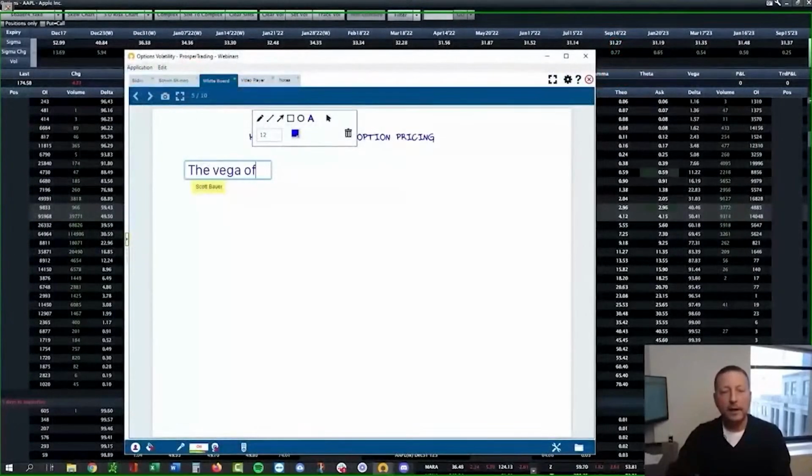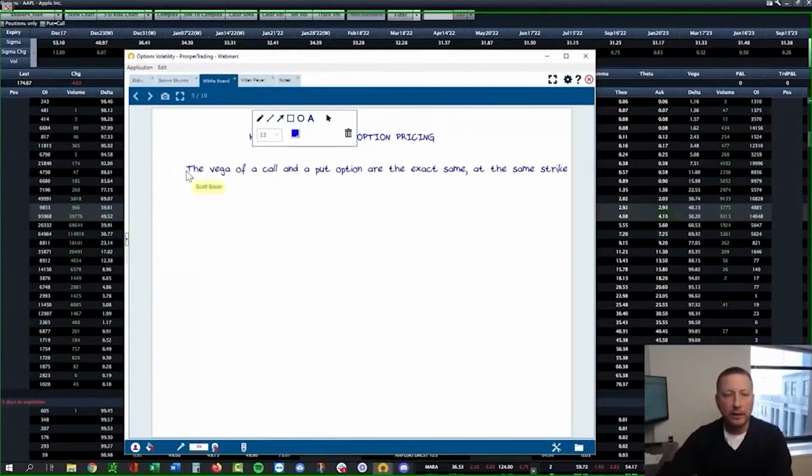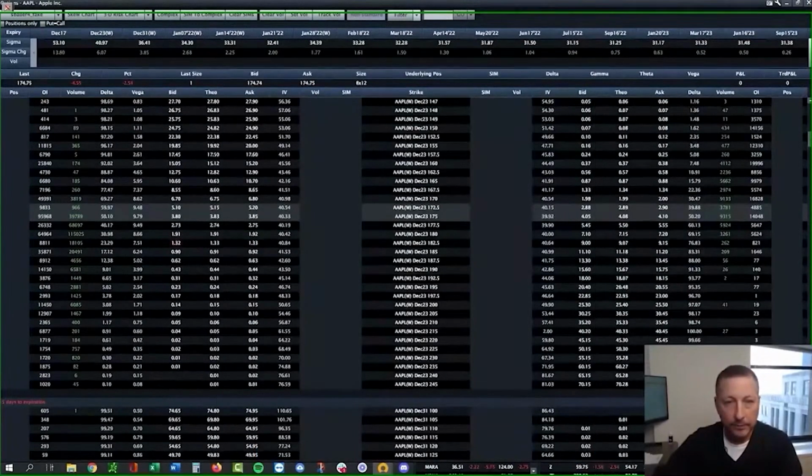The vega of a call and a put option are the exact same at the same strike and same expiration.